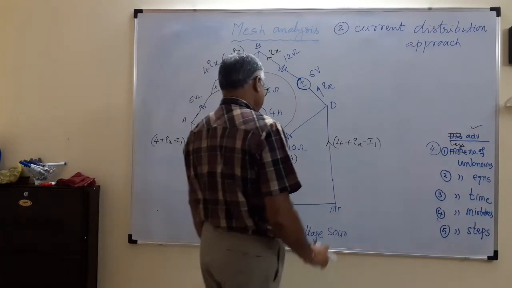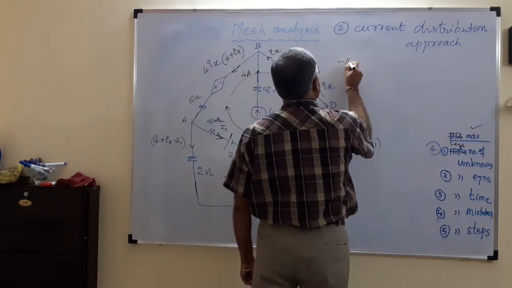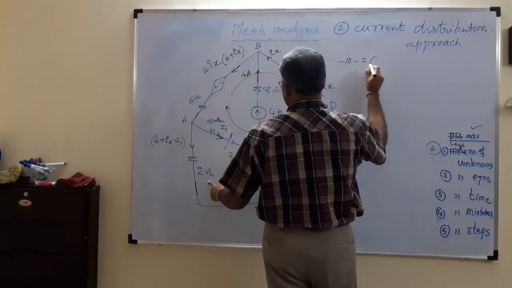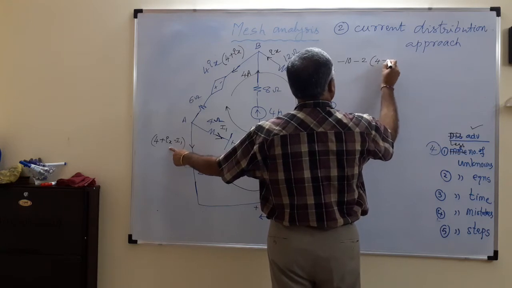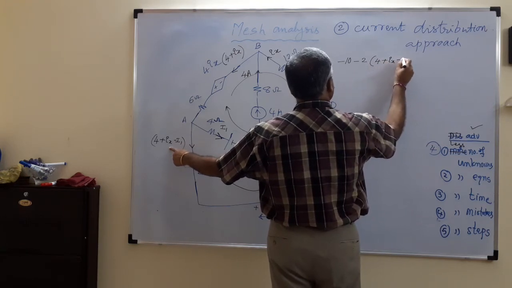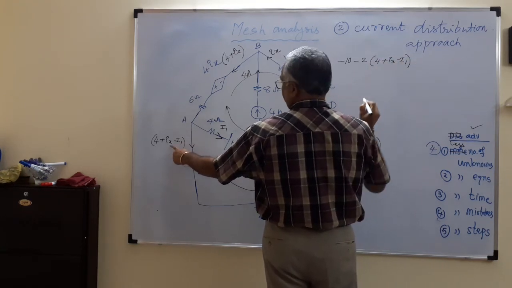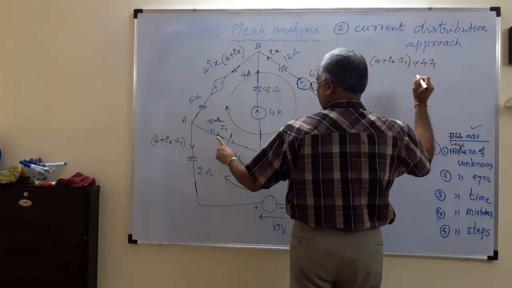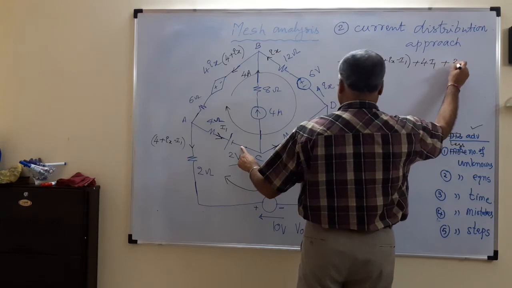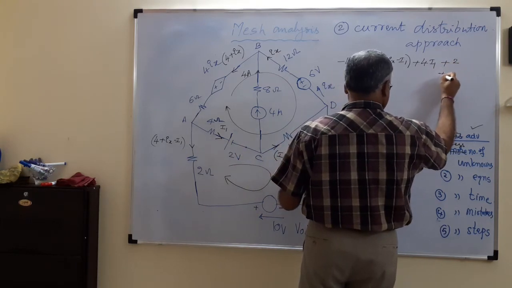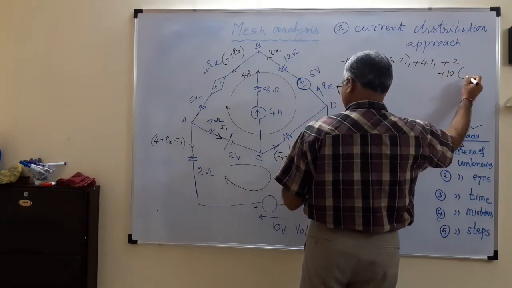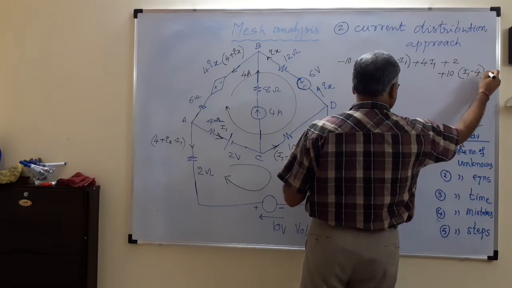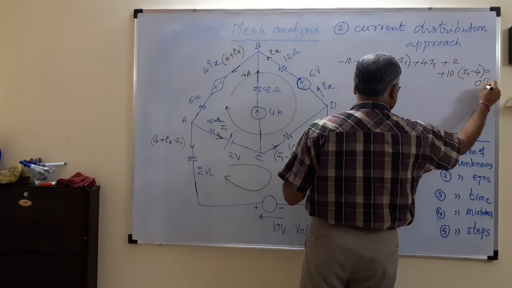So the normal mesh equation is minus 10, then minus 2 into (4 plus Ix minus I1) plus 4I1 plus 2 plus 10 into (I1 minus 4) equal to 0. One equation.